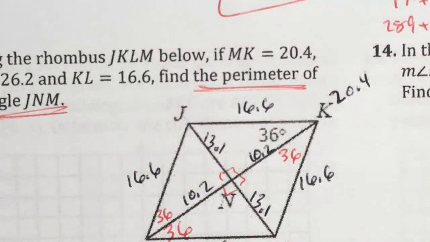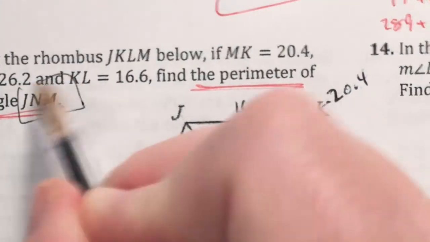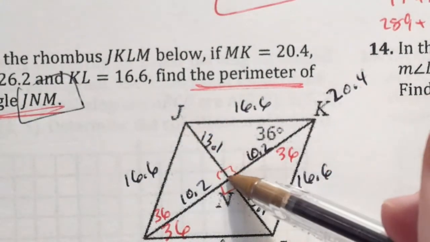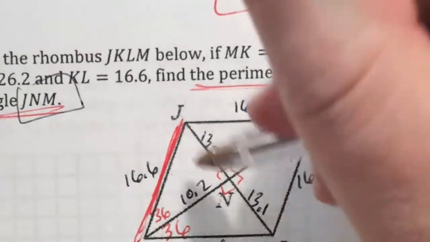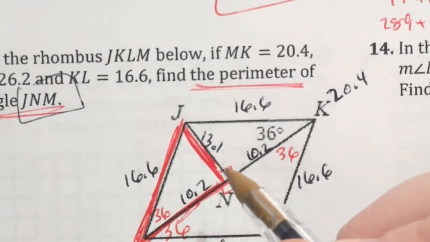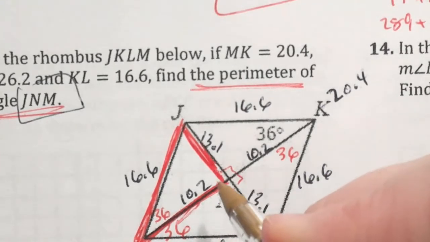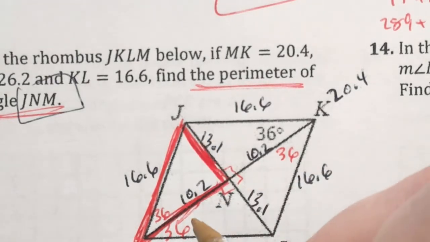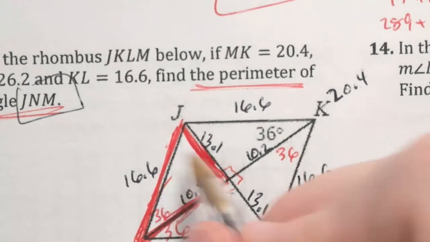All right, so they want the perimeter of this triangle, the perimeter of J, N, M. So they want this right here. That's pretty easy.